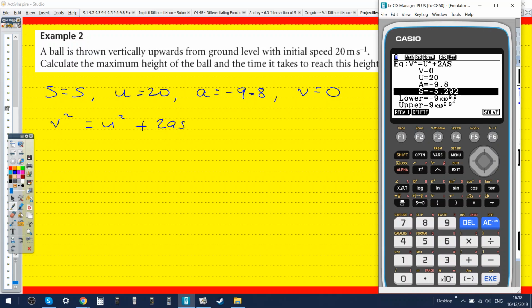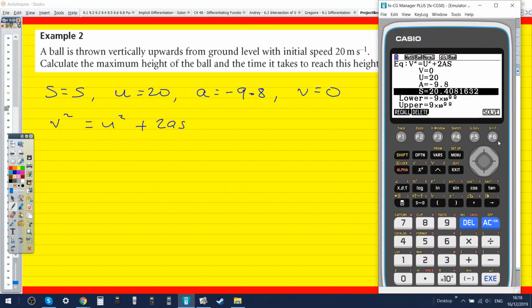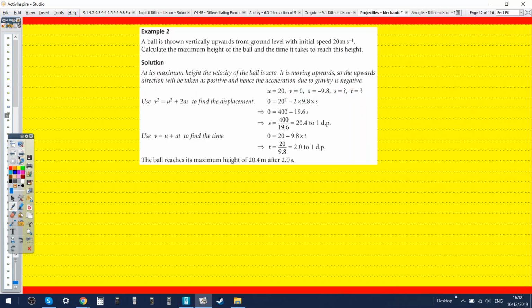And then you go on to s and press F6 and it should solve it for you. Oh, so it's 20.4. Yeah, and so that can make things a bit quicker, especially if you're doing lots of these, and in one question you can just change them around a little bit. So there you go, 20.4.